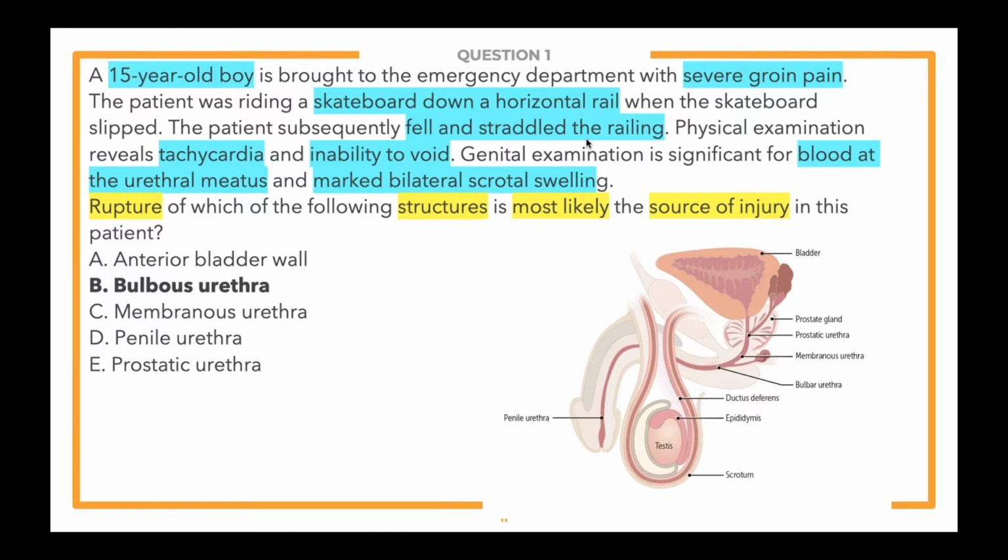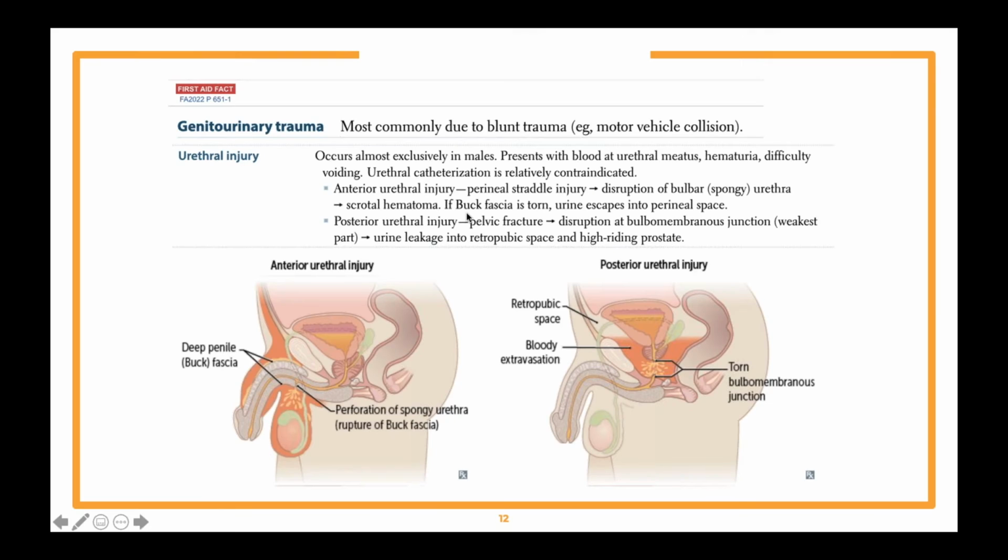And what can happen is in males, it can lead to crushing injuries of the urethra. Now, if we take a look at the next slide, you can see there some of those common GU traumas that can be experienced. And usually it can present with blood at the urethral meatus and difficulty voiding, like our patient.